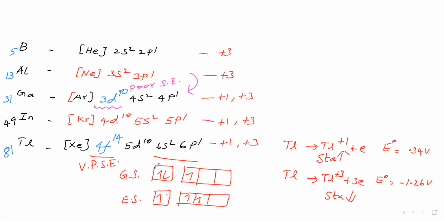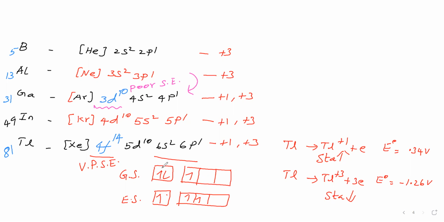That means the 6s electrons are almost unable to go for unpairing. It is possible, but the difficulty is more. Therefore, the 6s electrons are not interested in going for chemical reaction.